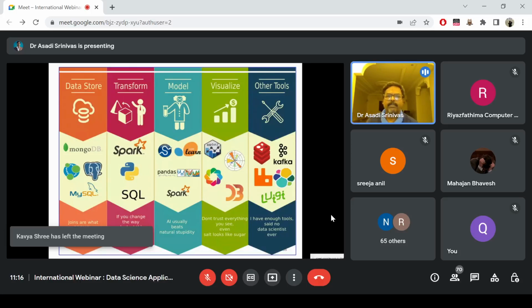And for modeling purposes, we are using sklearn, Pandas, Spark, etc. Python. For visualization purposes, we are using D3 and ggplot and Matplotlib, Tableau, MATLAB, etc. For communication purposes, we are using Kafka and Liquid, various tools we are using.